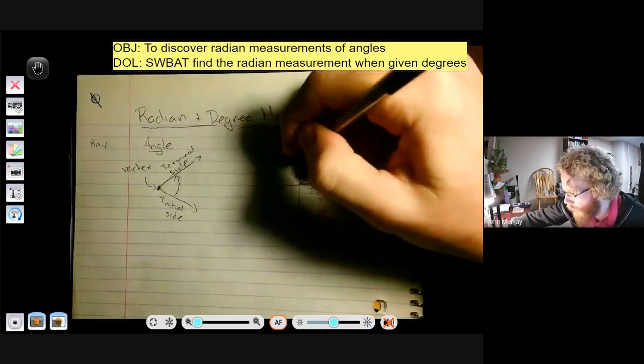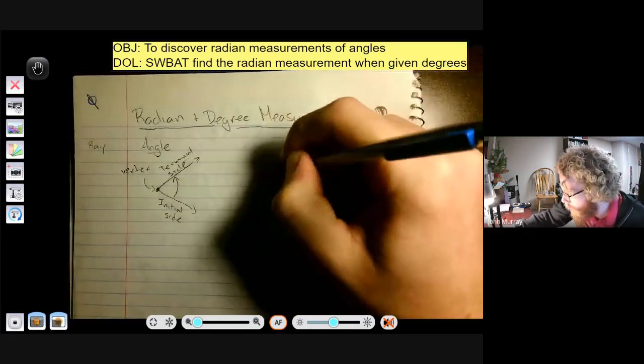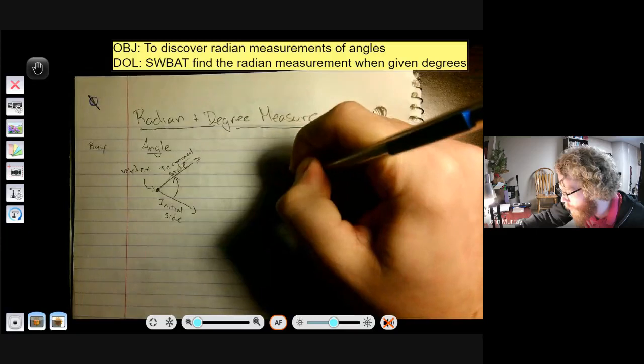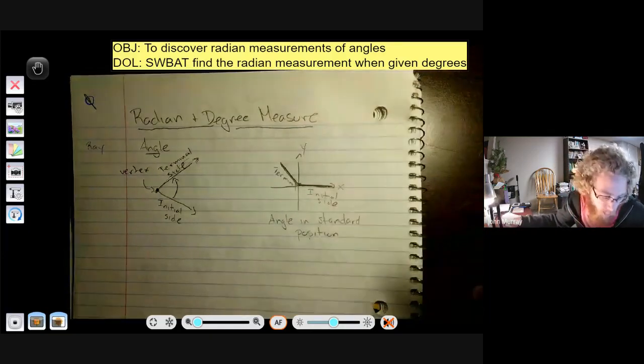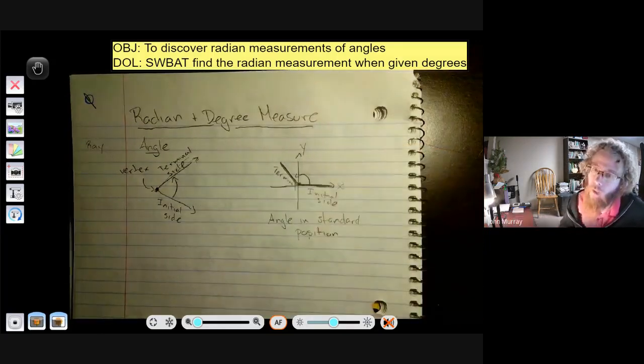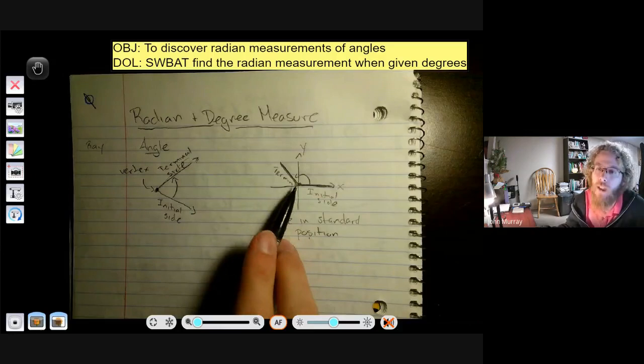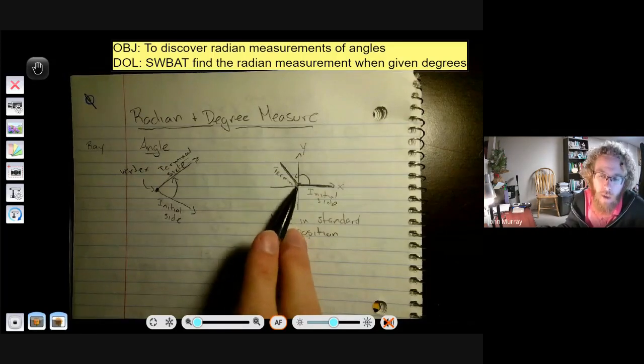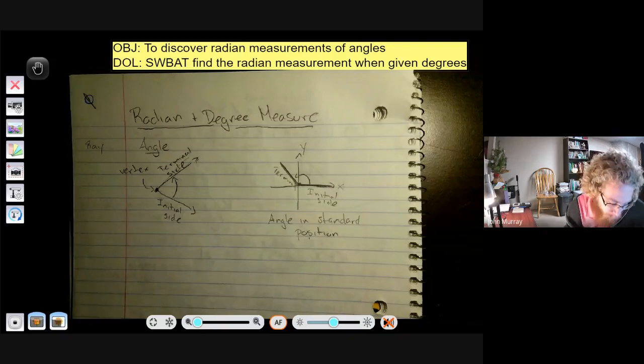And then the second part may be wherever, maybe over here. So that would be our terminal side. And now this is much easier to measure the angle that way. We still have the vertex, but now our vertex is always going to be at the origin, at that point 0, 0.